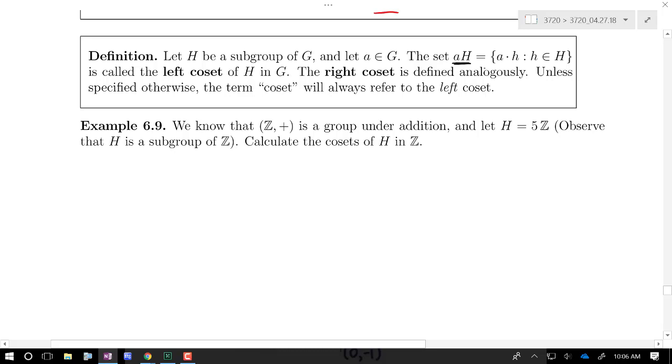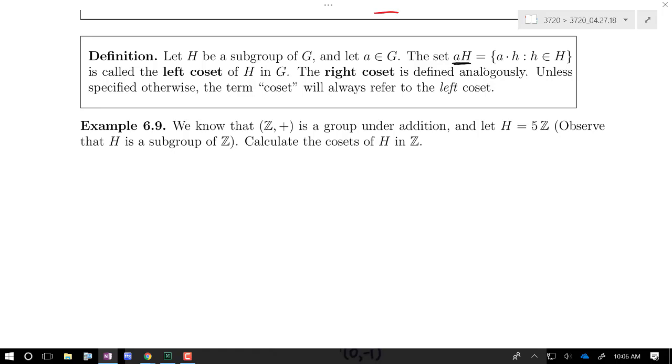So this a times capital H defines an entire set. The little element a here can range through all elements of the group G, right? And then we just keep finding all the products for a particular a. We smash it against all the elements of H and we see what set we get. And then we do that again for another element of G and another element of G. And so we can make a whole bunch of sets.